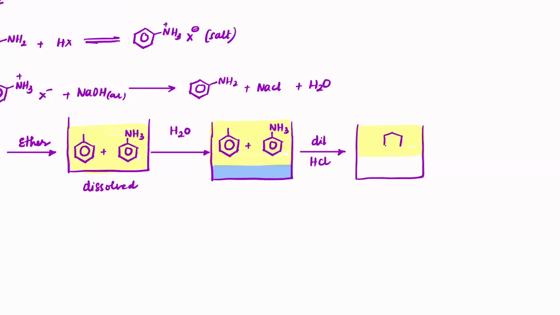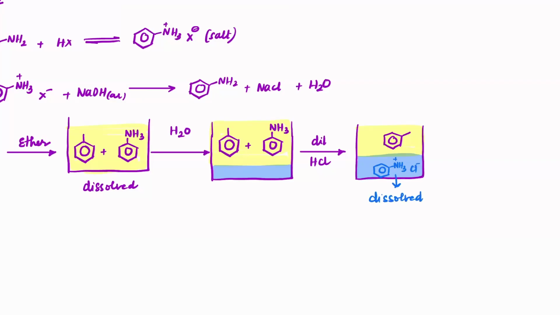While in the aqueous solution, the ammonium has dissolved because it has converted into a salt form. Now you'll have NH3 plus and Cl minus, which is in a dissolved form.